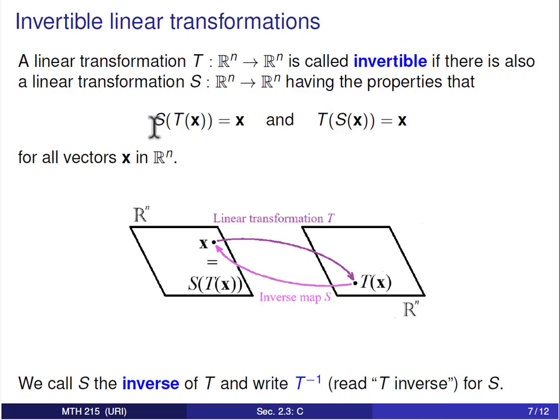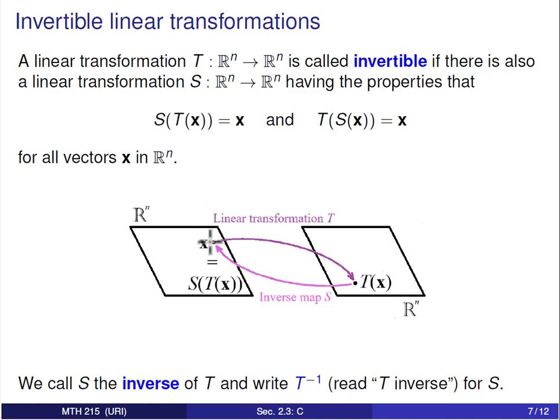So it's kind of like S undid whatever T did and put you back where you started. Similarly, it should be the case that if we were to perform S on x directly, followed by performing T, then the end result should be the vector that you started with.